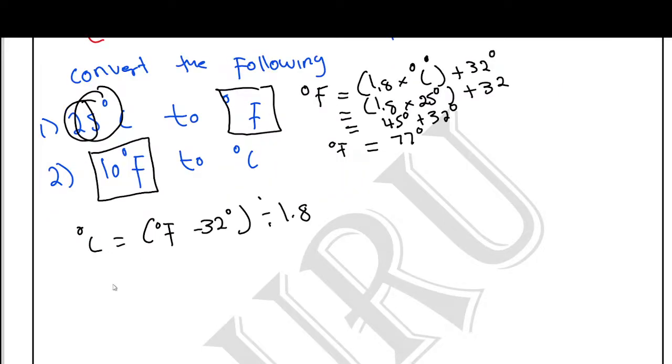So what are we going to do? We are going to substitute degree Fahrenheit with 10 degrees. So that is going to be 10 degrees minus 32 degrees divided by 1.8.